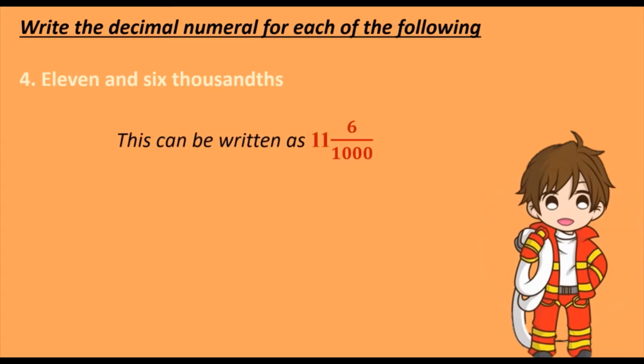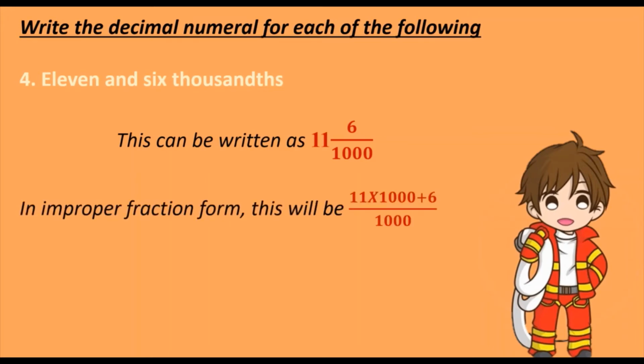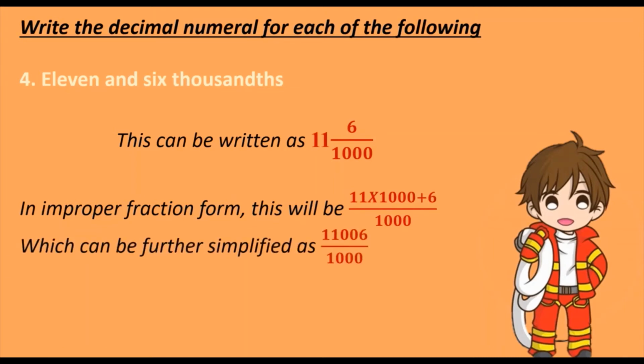Now here, in the fourth sum, we have 11 and 6 thousandths. This is in the form of a mixed fraction, where 11 is the whole number. So, when we change the mixed fraction to improper fraction, we multiply 11 by 1000 and add 6 divided by 1000, and we write it as 11,006 by 1000.